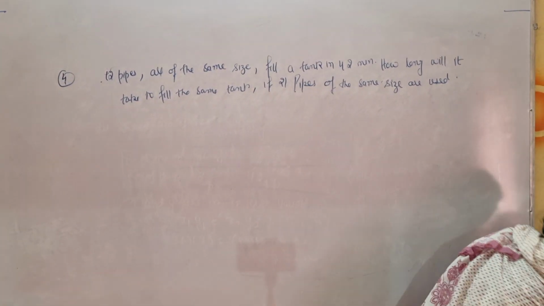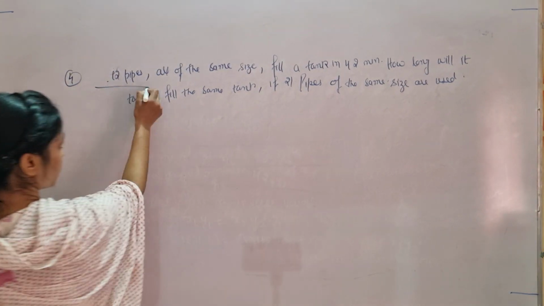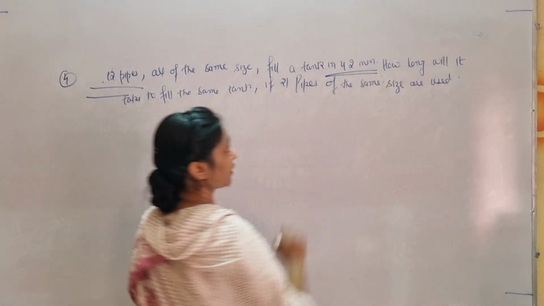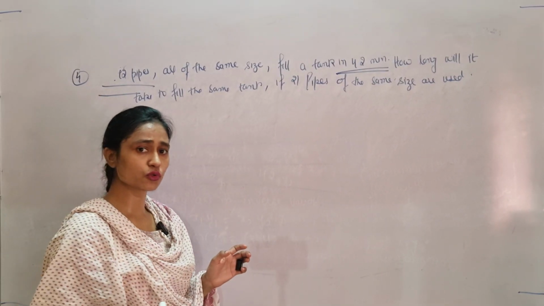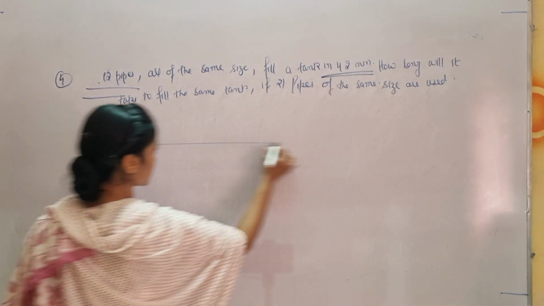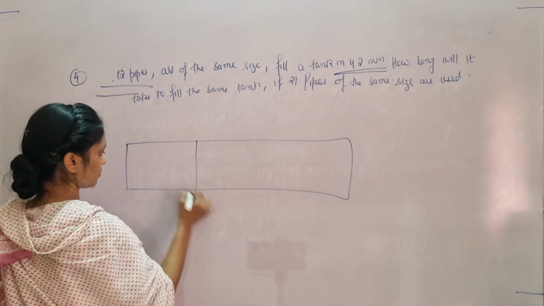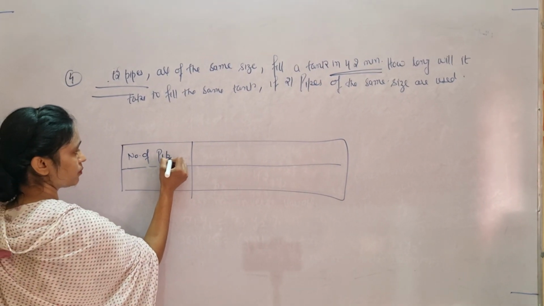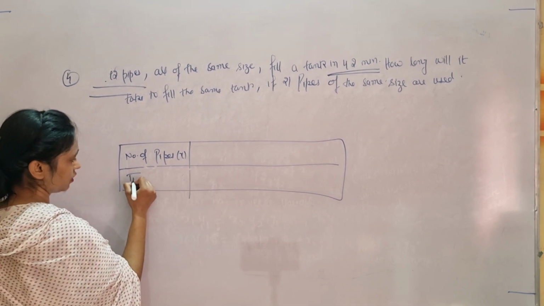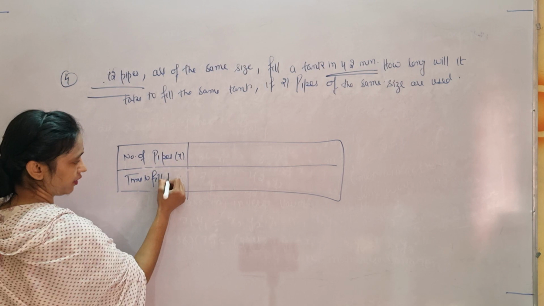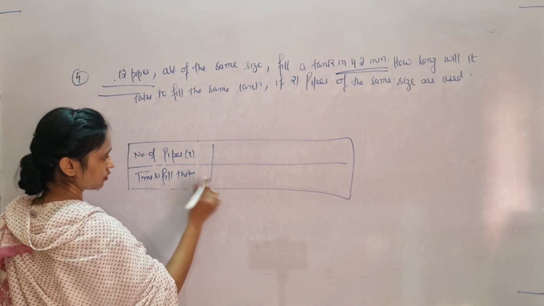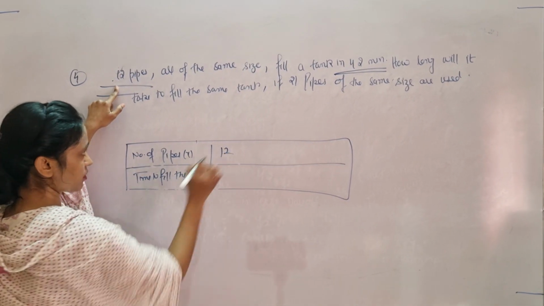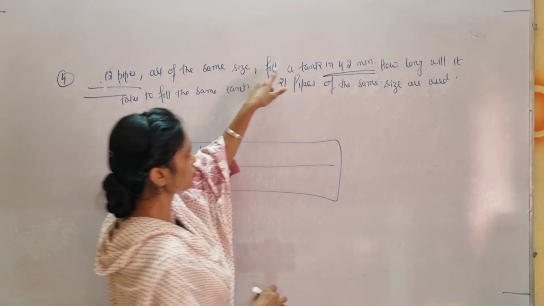So the number of pipes and the time to fill the tank, these two variables are used here. The number of pipes is denoted by x, and the time to fill the tank is denoted by y.